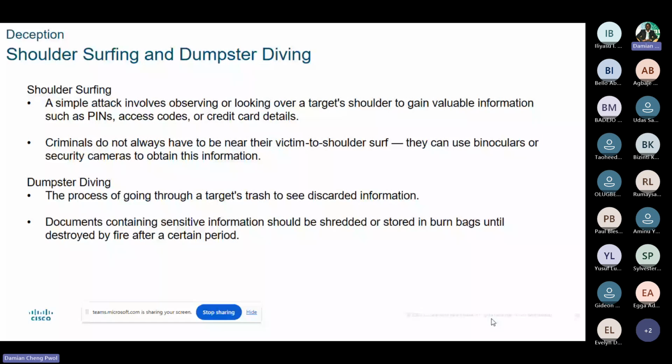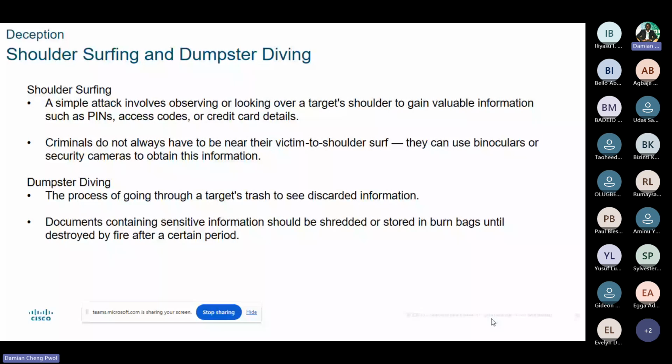In your organization, you may put sensitive documents in the trash, thinking it will be properly disposed of. Before the trash is taken away, a criminal who wants sensitive information can go through such trash.